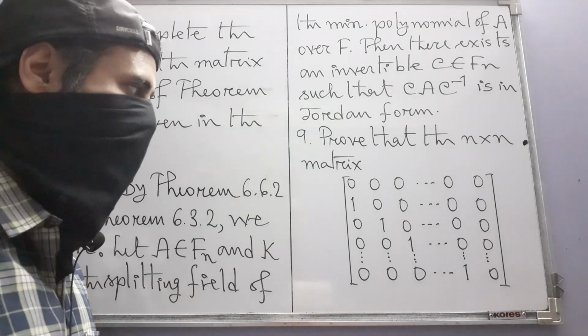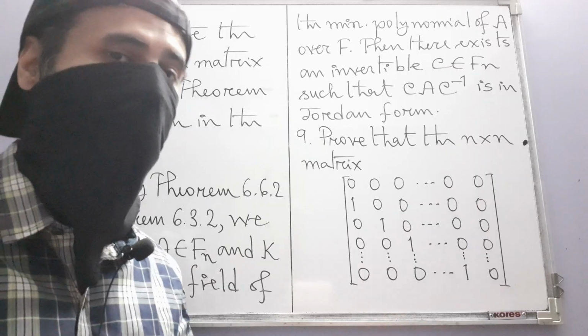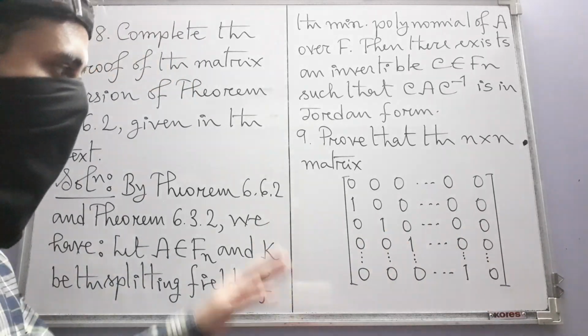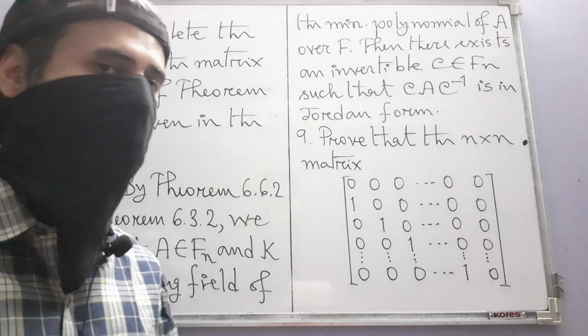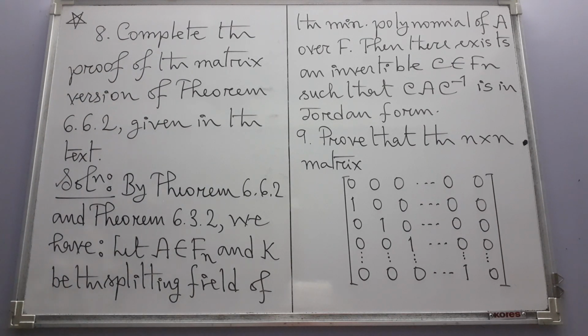Next, let's see 9. I have already, I should say, drawn the matrix because it takes some time to write these things here. So let's now complete the statement of the exercise.